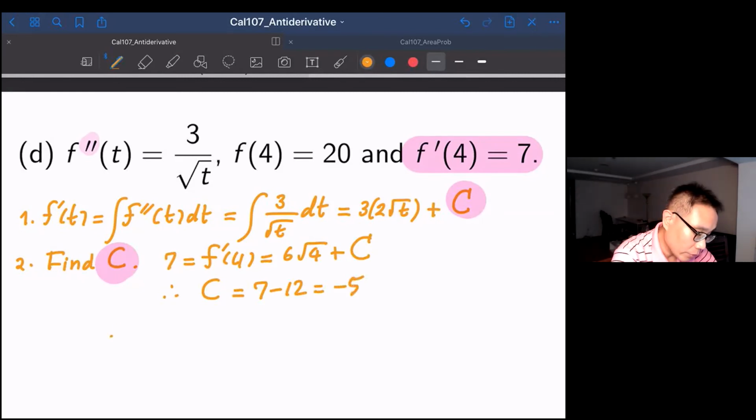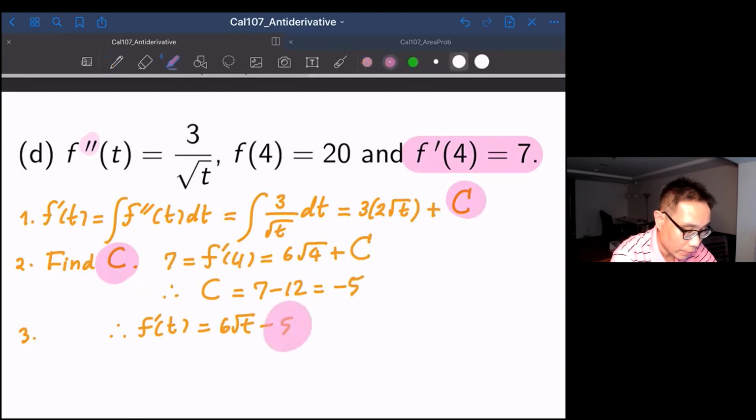So f prime t equals 6 root t minus 5, and this one is the pink one.